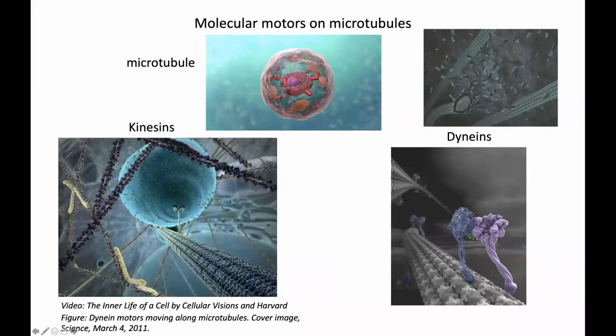Okay, so now I will show you 2 examples of using the tools to do some research and tell a story. So for example, the first target is molecular motor.